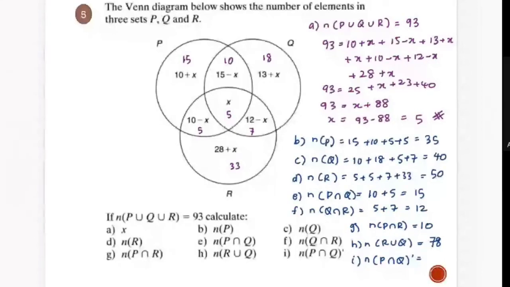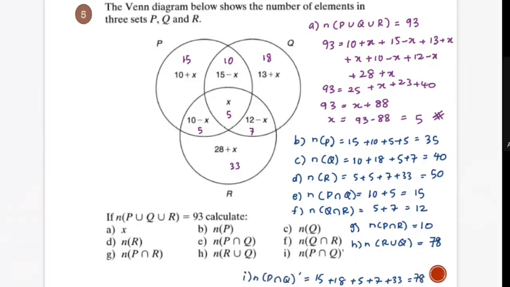Other than P intersection Q. P intersection Q is this area. So you have to sum up 15 plus 18 plus 5 plus 7 plus 33, so your answer will be 78. Okay, so I think that's all for today.